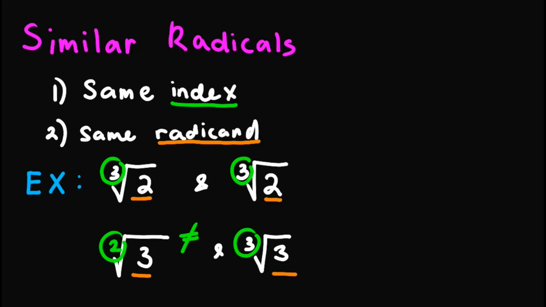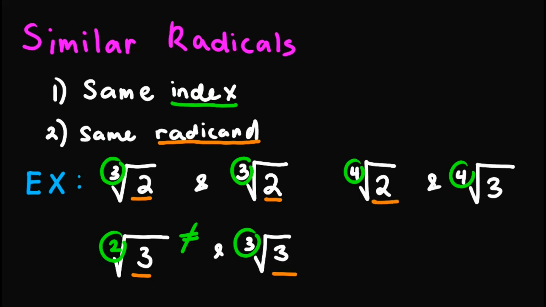And also if we have, say, 4th root of 2 and 4th root of 3, although their indices are the same, the radicand inside is not the same. So we will use this concept in answering some examples later.